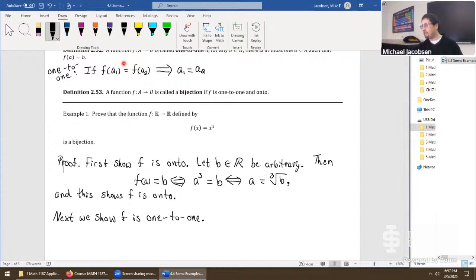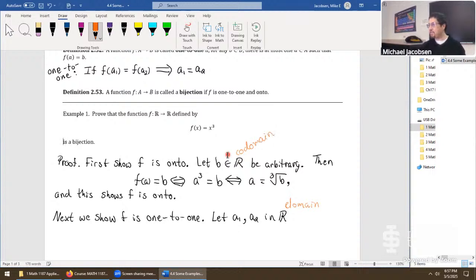So let's begin by saying, let A1, A2 in R. It might be helpful here just to say domain is what we're thinking about when we said A1, A2 in R. And when we said B in R over here, we were thinking codomain. That might be good just to organize our thoughts on where things are coming from.